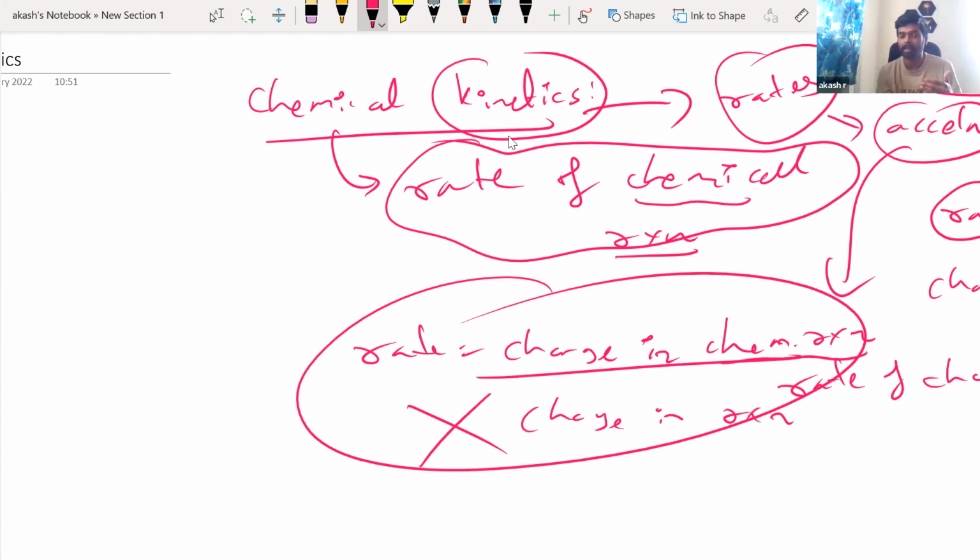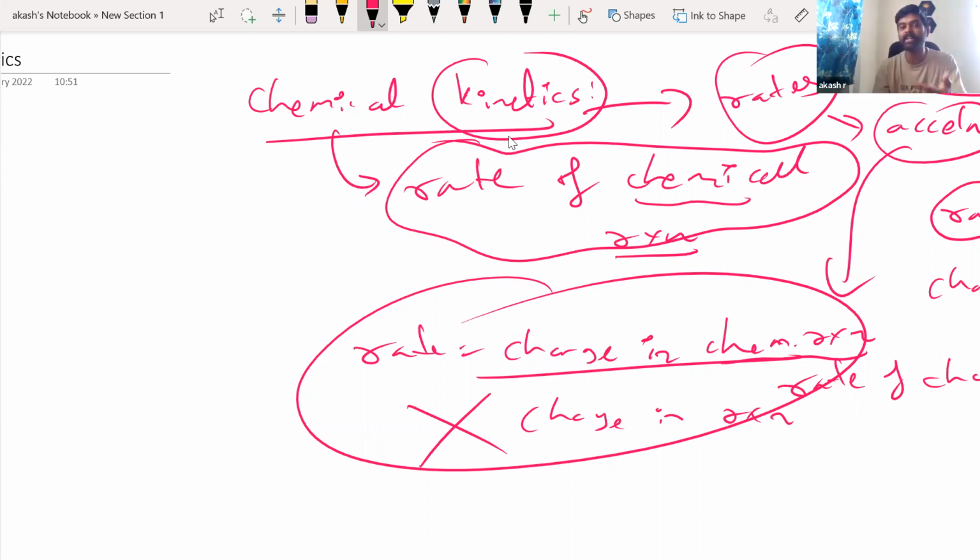But if you see, during a chemical reaction, what changes? If I can understand that, then I will be able to speak about the rate of a reaction. Can you tell me during a chemical reaction, what is changing? Don't tell me that reactants are changing into products, that is obvious.